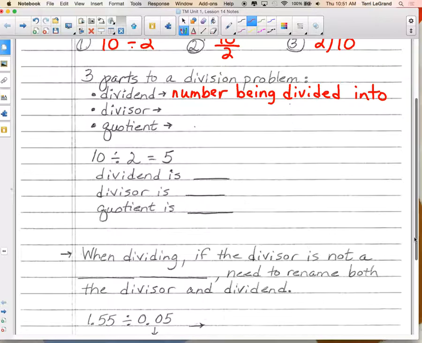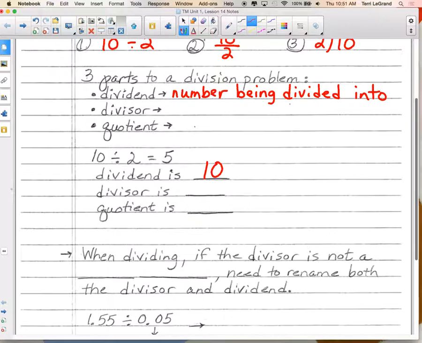And in the case of 10 divided by 2, do you agree with me that 10 divided by 2 is 5? Yeah. So in that problem, the dividend is 10. 10 is the number that is being divided into. It's the number that is like the start, the whole. And we're going to see how many 2's we can take out of it.